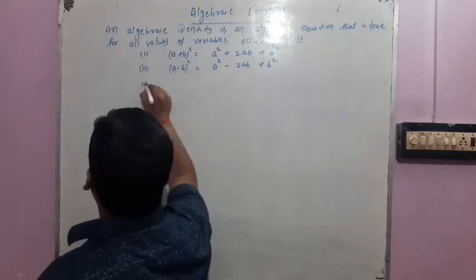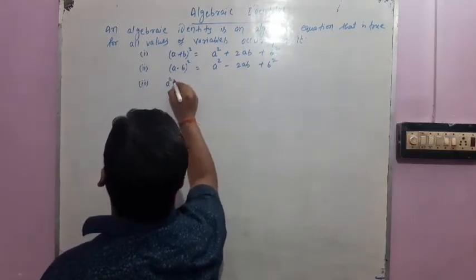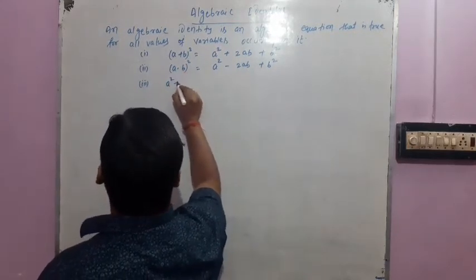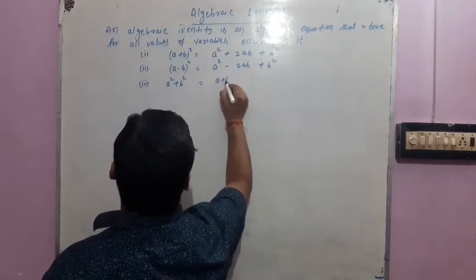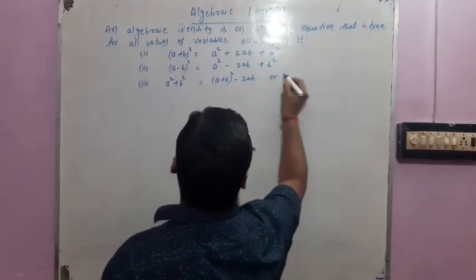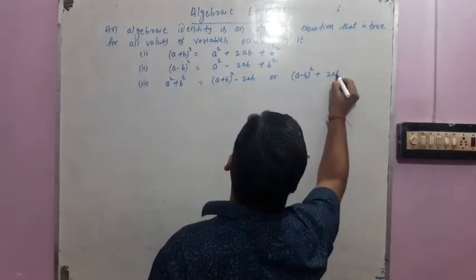Third, a square plus b square. We can also write it in the form of a plus b whole square minus 2ab, or a minus b whole square plus 2ab.